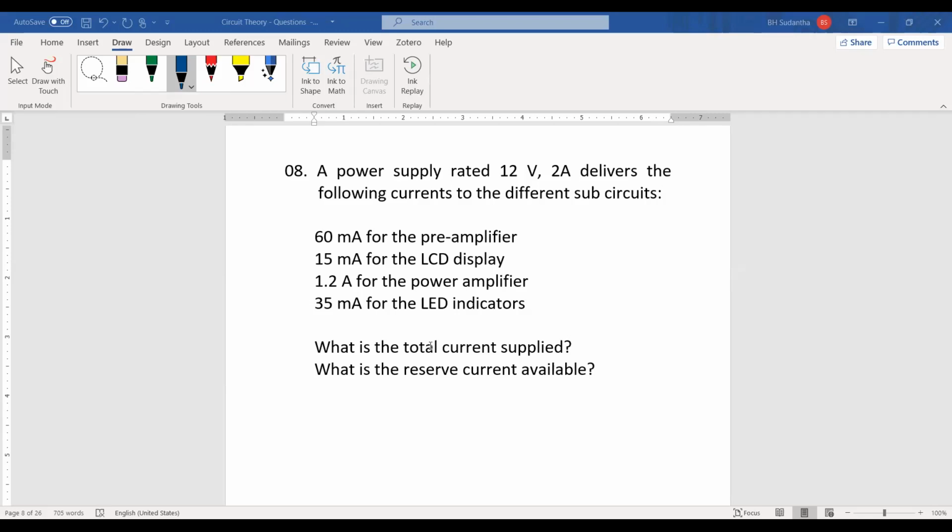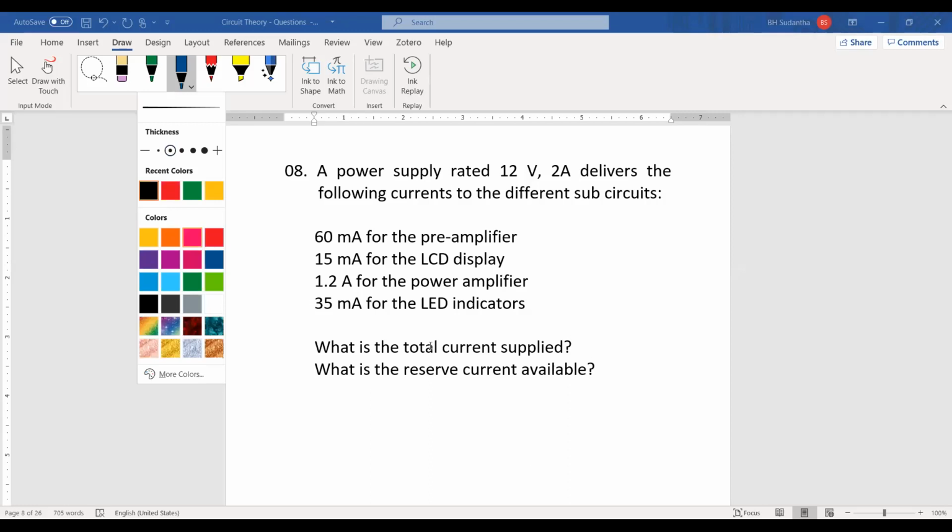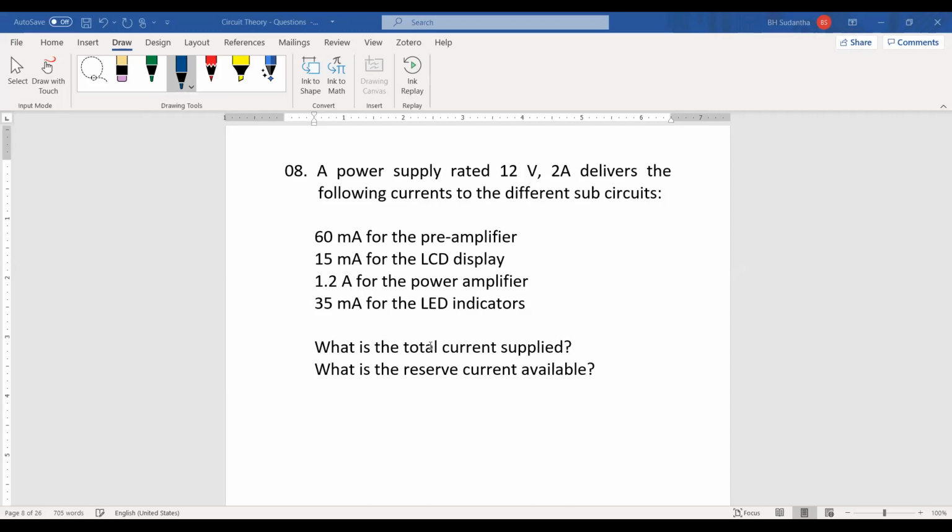And this is the 0 volts line. This is the main current.